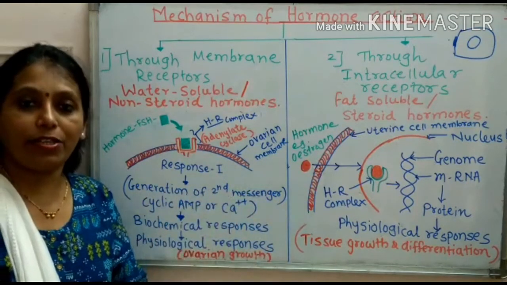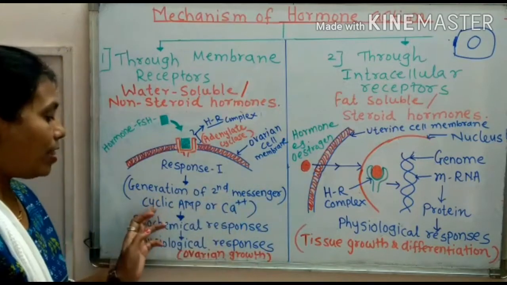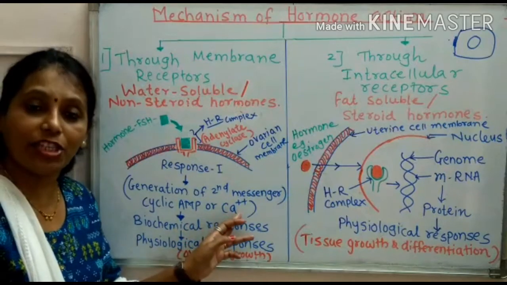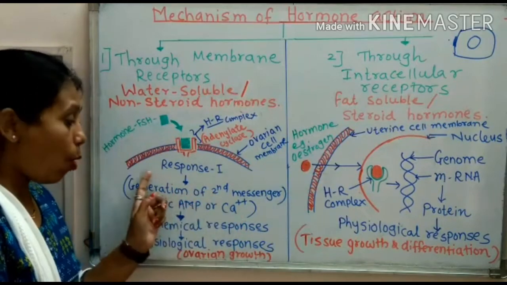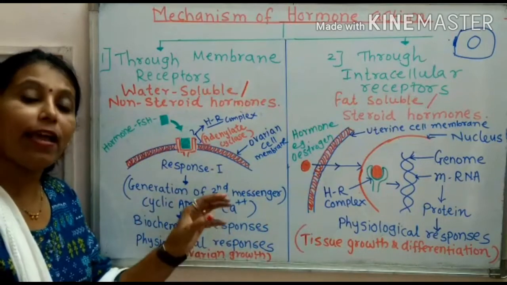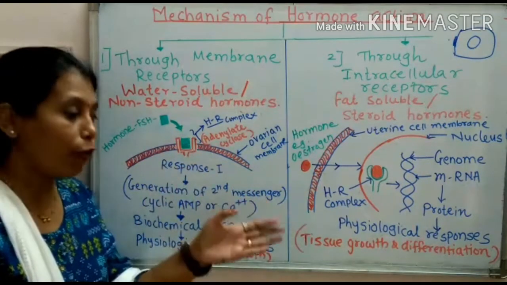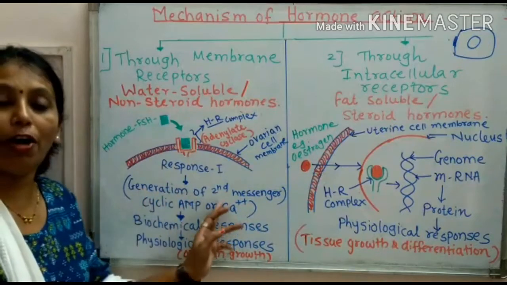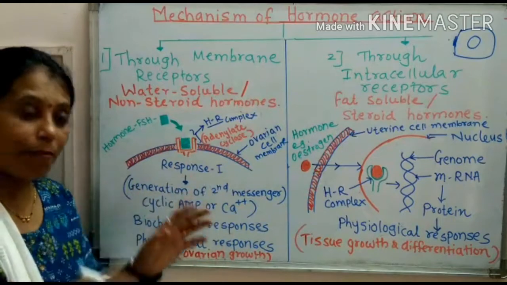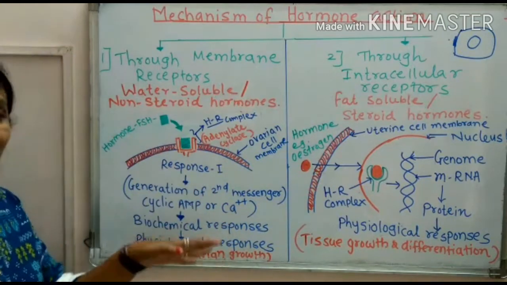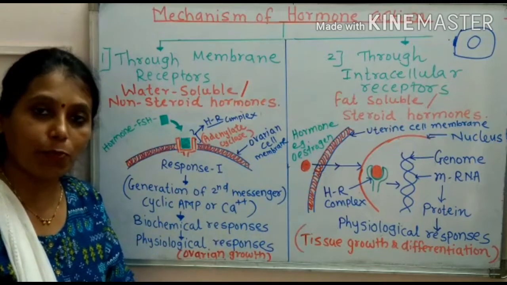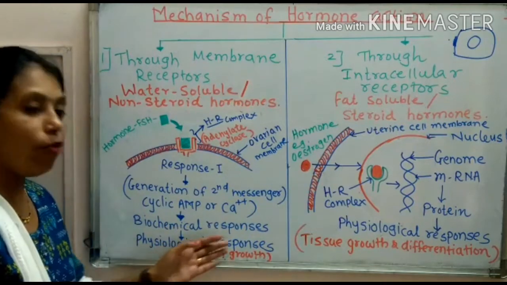Now this second messenger is either in the form of cyclic AMP or in the form of calcium. For this, the ATP molecules present inside the cell are used for generation of the second messenger. It results in biochemical processes which result in the physiological response, and the physiological response is nothing but ovarian growth.